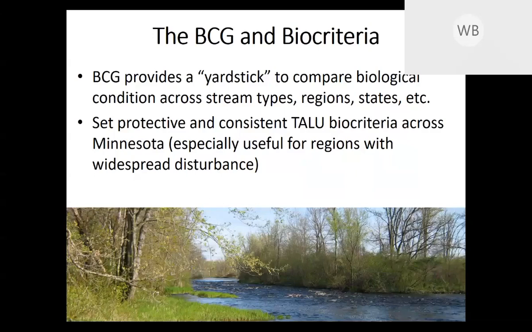And this was particularly important for those regions, the prairie regions, where there was a high level of disturbance, and that reference condition really isn't extant. So the BCG gave us a way to see where those streams stood and to develop biological criteria for those regions. And it's also helpful with communicating these goals.